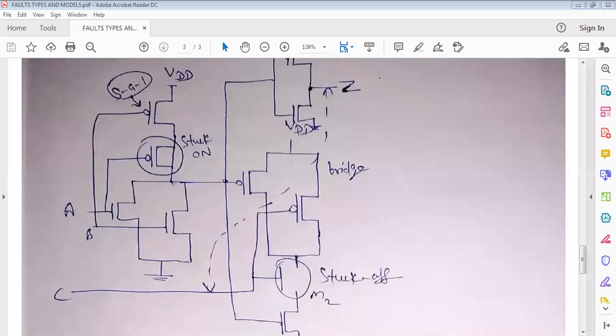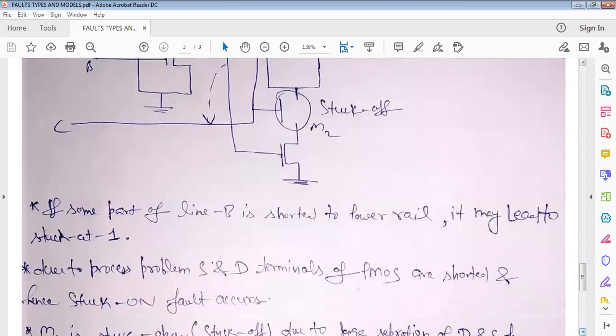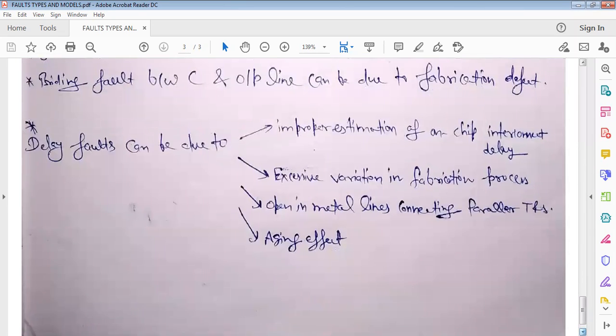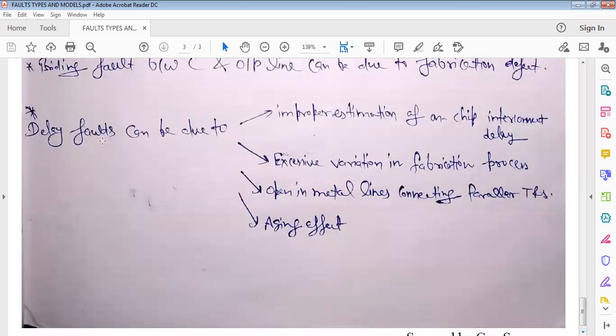In addition to these types of faults, we also have delay faults. Delay faults can be due to improper estimation of on-chip interconnect delays. If improper calculation of interconnect delays is done, then it may lead to delay faults.